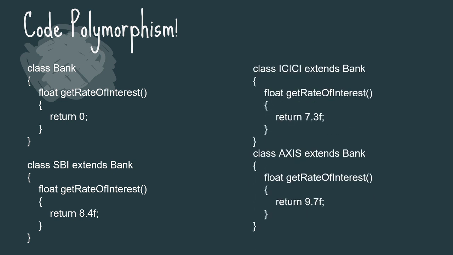Again I am extending the Bank class to ICICI, with another getRateOfInterest method, and the rate of interest is different here, 7.3. Then class Axis again extends the Bank class, the main class, and getRateOfInterest returns 9.7. So in different banks we are assigning different rates of interest.